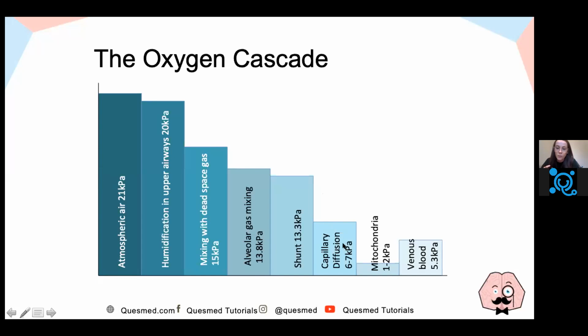We then have some capillary diffusion. So that brings us down to 6 to 7 kilopascals. And in the mitochondria, we've got about 1 to 2 kilopascals of oxygen. And then it returns to the venous blood, we've got about 5.3 kilopascals of oxygen.